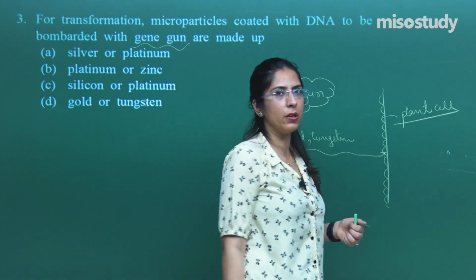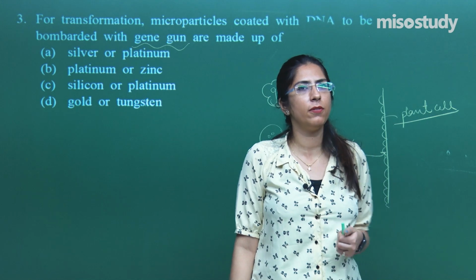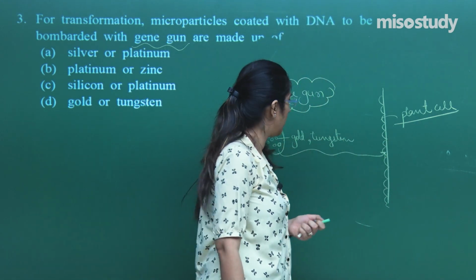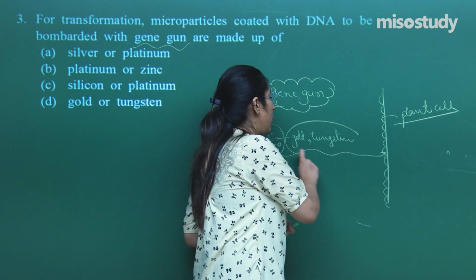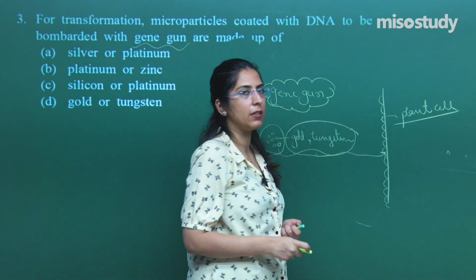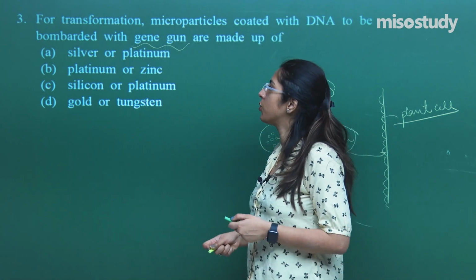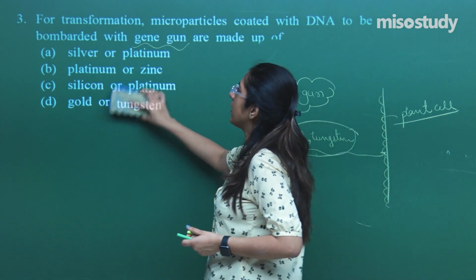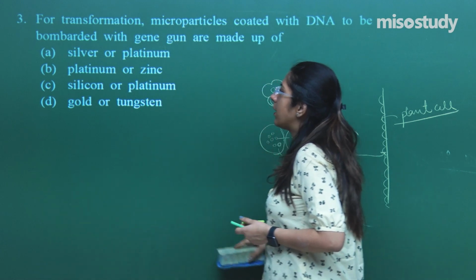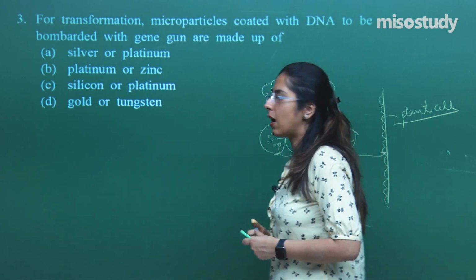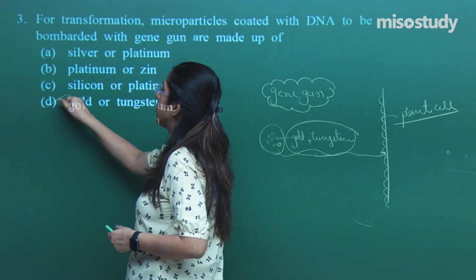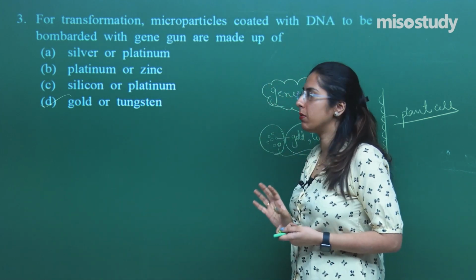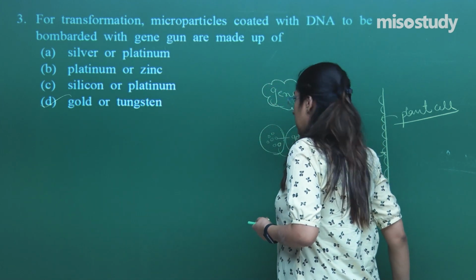Normally we go for plant cell transformation, right. So, what we need is gold and tungsten beads. Now, come back to the question. A indicates silver and platinum or zinc, silicon, platinum, and the answer is gold and tungsten. So, for question number 3, the option is D.